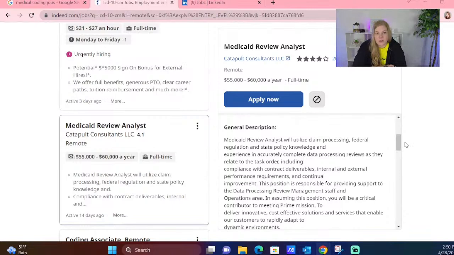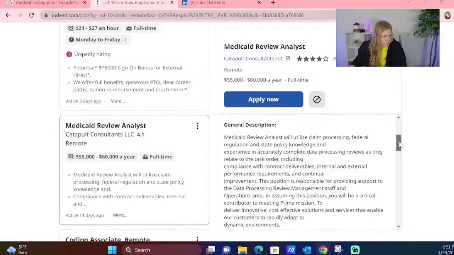Medicaid is our state insurance for those that are low income or possibly some disabilities, right? Medicaid review analyst will utilize claim processing, federal regulation, and state policy knowledge and experience to accurately complete data processing reviews as they relate to task order, including compliance with contract deliverables, internal and external performance requirements, and continual improvement.